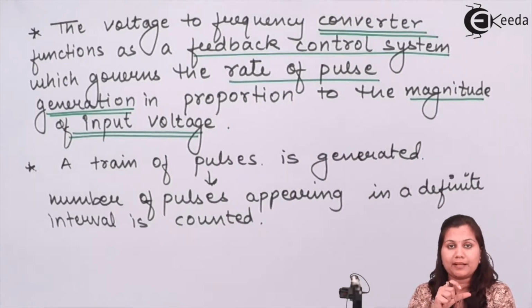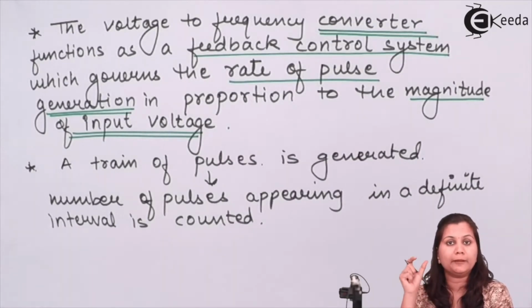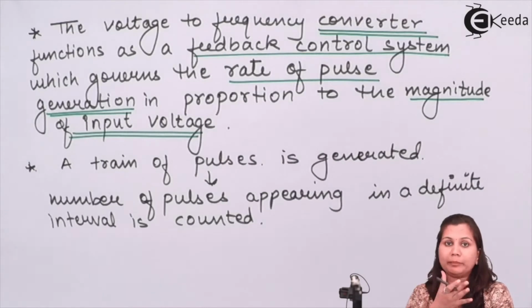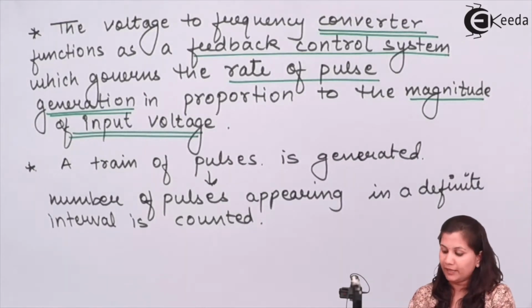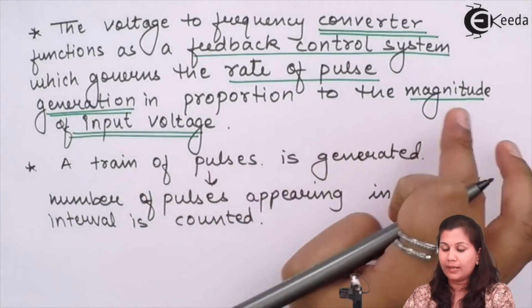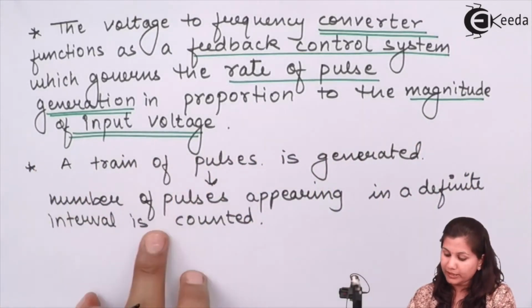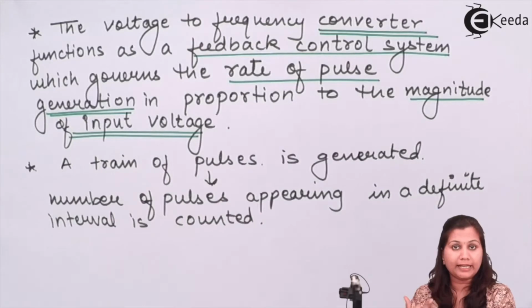The number of pulses generated in a fixed period of time is the frequency of the signal, and by calculating the frequency we are measuring the input voltage, because the rate at which the pulses are generated is in proportion to the input voltage.